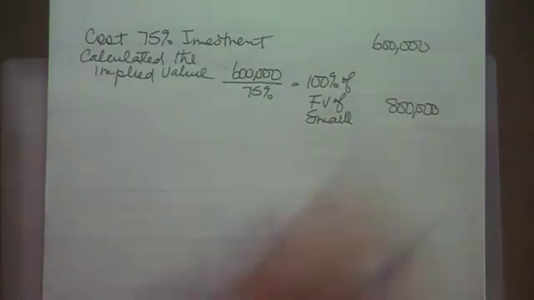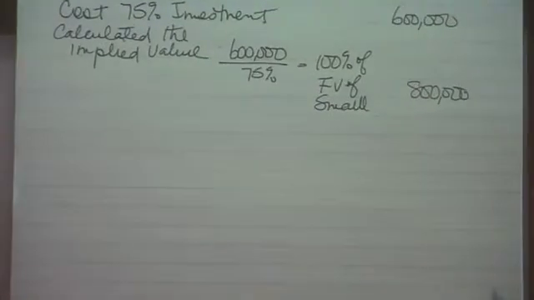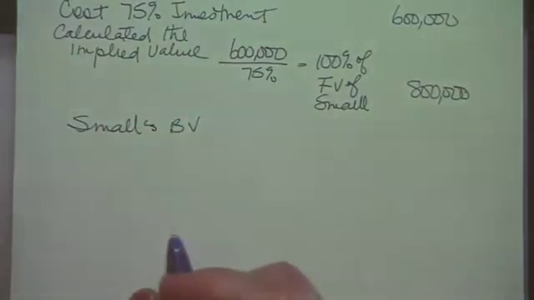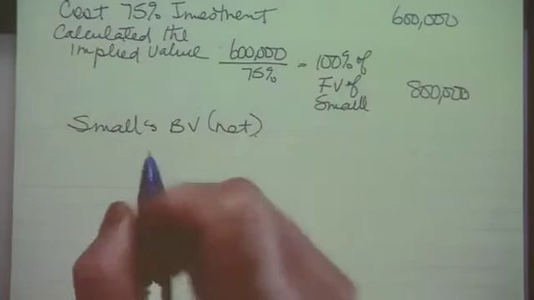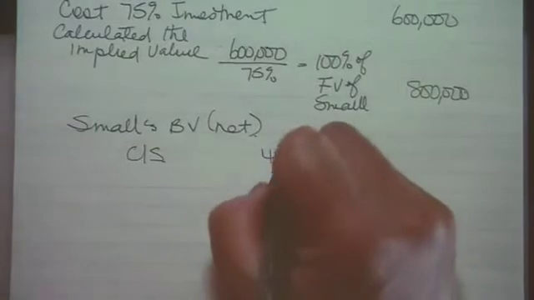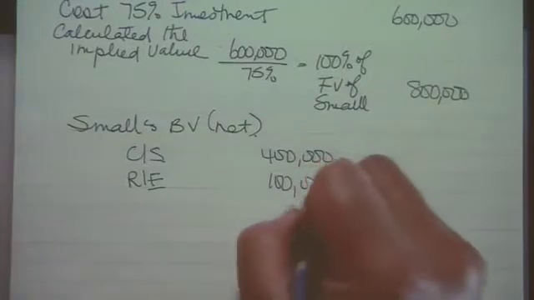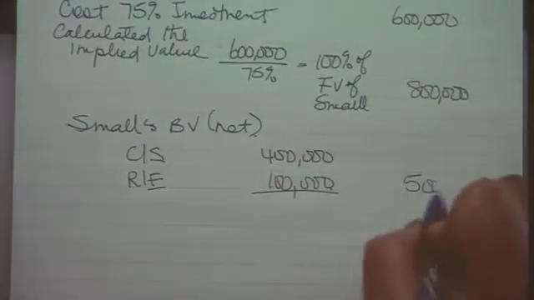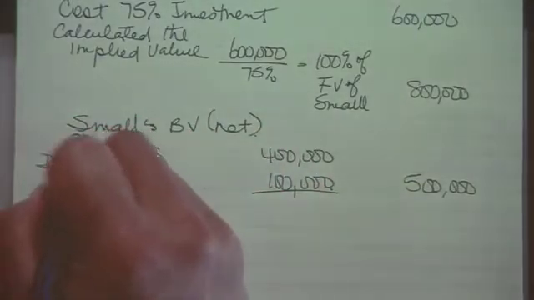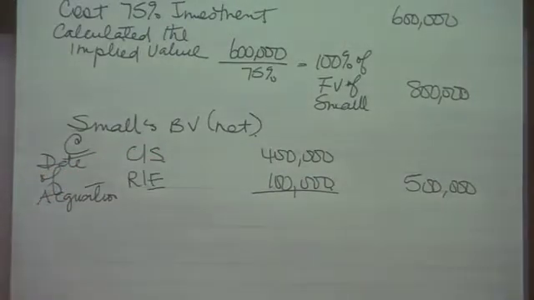Now we're going to compare the 800,000 to Small's net book value, which would be common shares, or CS, of 400,000 and retained earnings of 100,000. So the book value at the date of acquisition is 500,000.